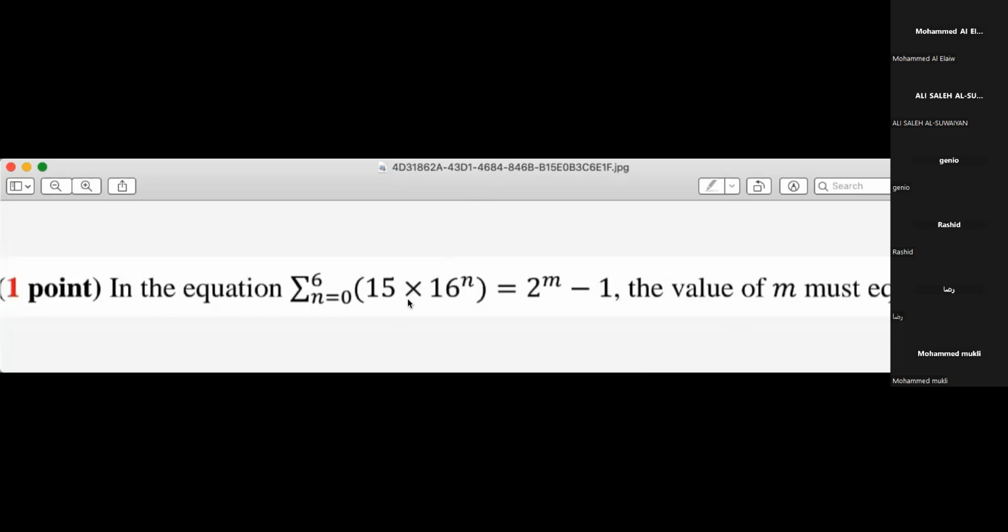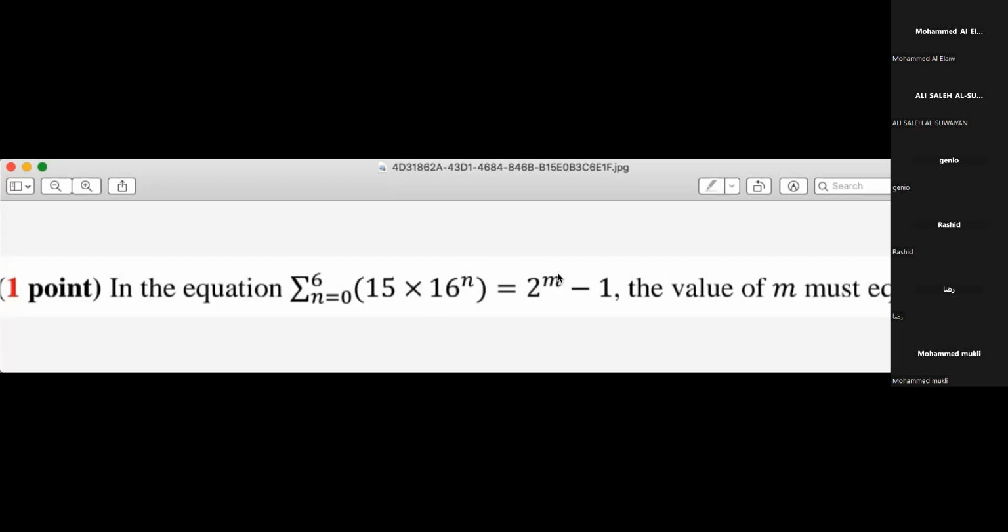This formula converts a hexadecimal number composed of the largest hexadecimal digit, F, with 7 digits. The formula we usually use is 16 to the number of digits, which is 7, minus 1. So 16 to the 7 minus 1.